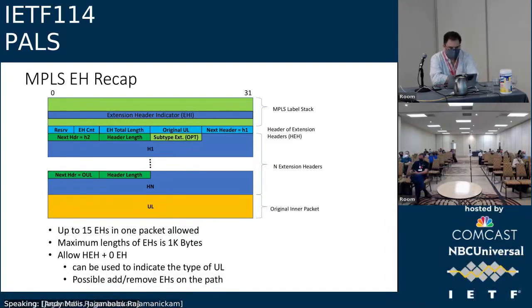As you can see in this figure, after the label stack we first have a header of extension header, which is basically a summary of what follows. It tells you how many extension headers you will have and what the total length of them is. It also provides information about the original upper layer protocol type, so this will be useful to tell you what the original layer 4 protocol in the packet is. And it also tells you what the next header type is.